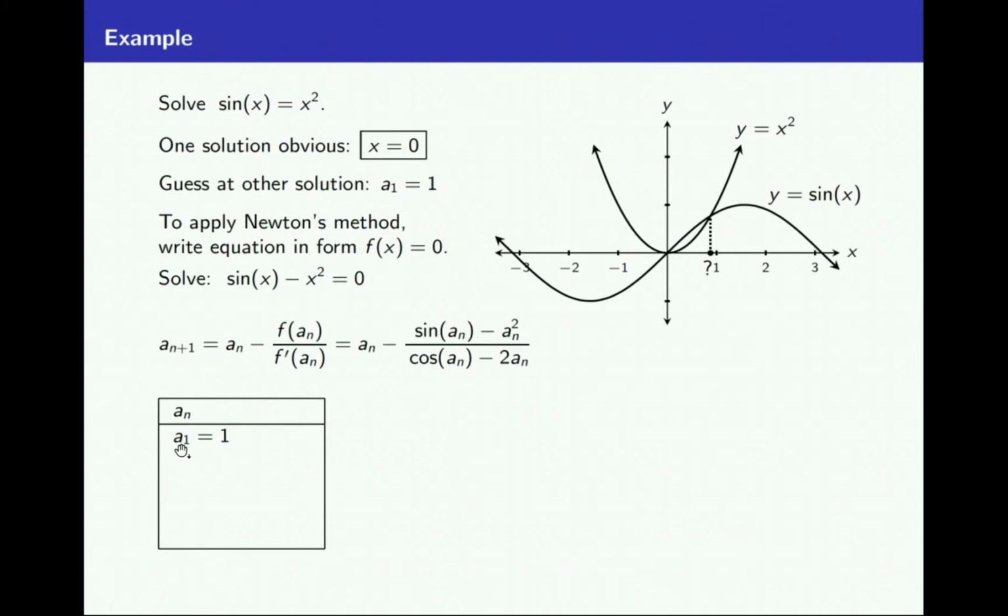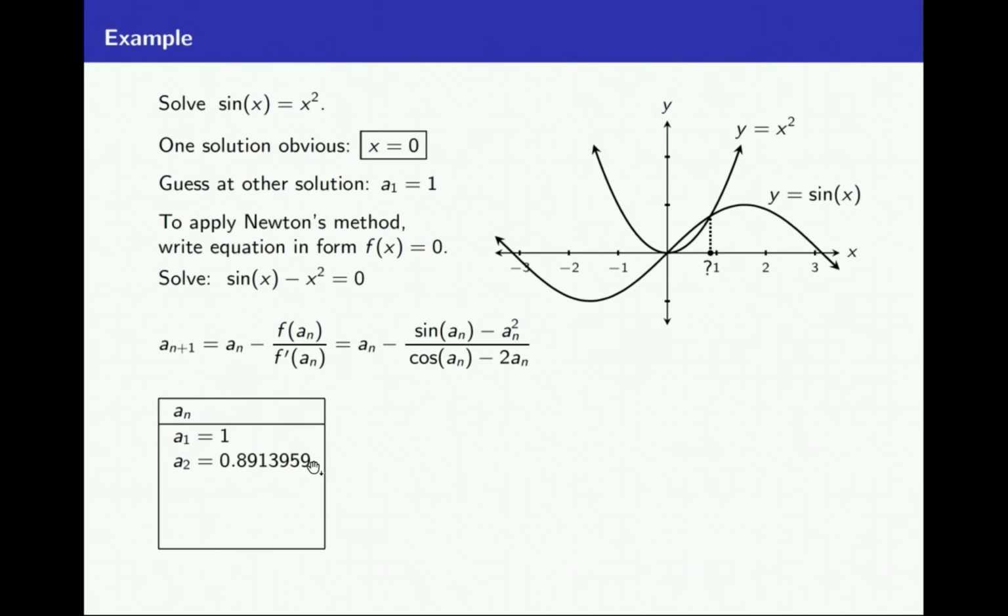The next step would be to plug in a sub 1 into this expression to get a sub 1 plus 1, or a sub 2, plugging 1 into the sine and the cosine and squaring it here and times 2 there and so on, and making sure your calculator is in radian mode. Plugging in 1 for all the a sub n's, you will get, if you try this, your a sub 2 is 0.89139959.